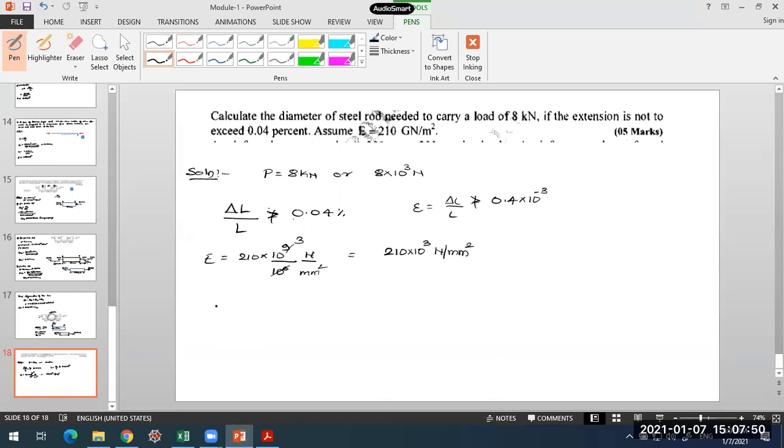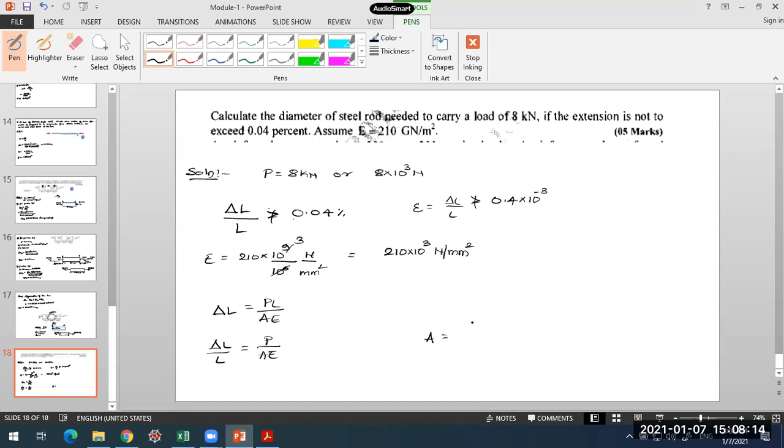Okay, now what we have? Deformation. We had an expression for deformation. Delta L is equal to PL by AE. Right now what I have is delta L by L, I can express it as P by AE here. So from this we can calculate what is the area required.